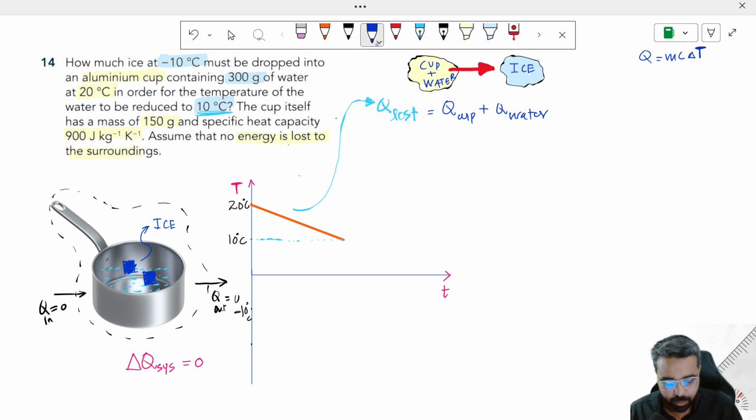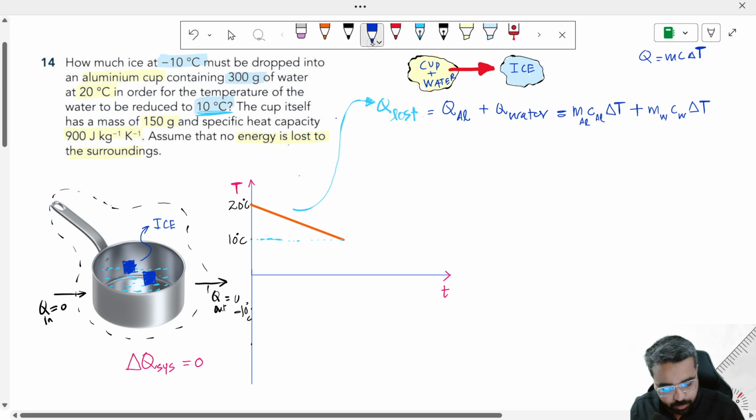Now we know that the cup is made of aluminium, so the mass of aluminium, specific heat capacity of aluminium, and the change in temperature, and in fact the change in temperature for both is the same, as well as for the water: mw, cw, and the change in temperature of water.